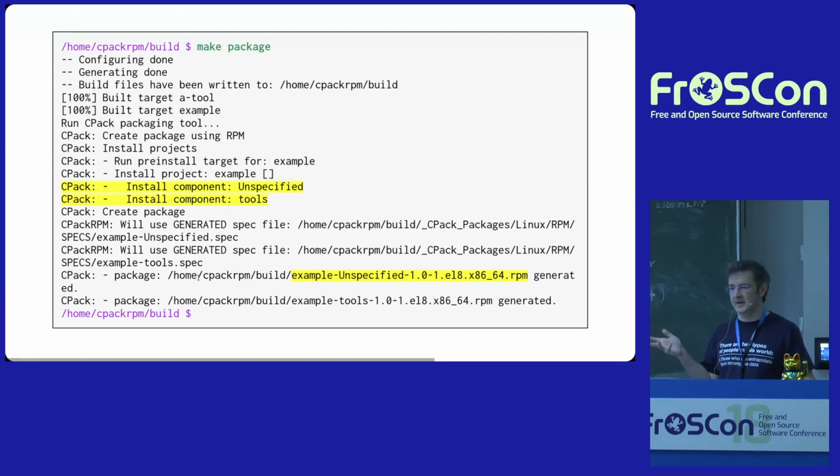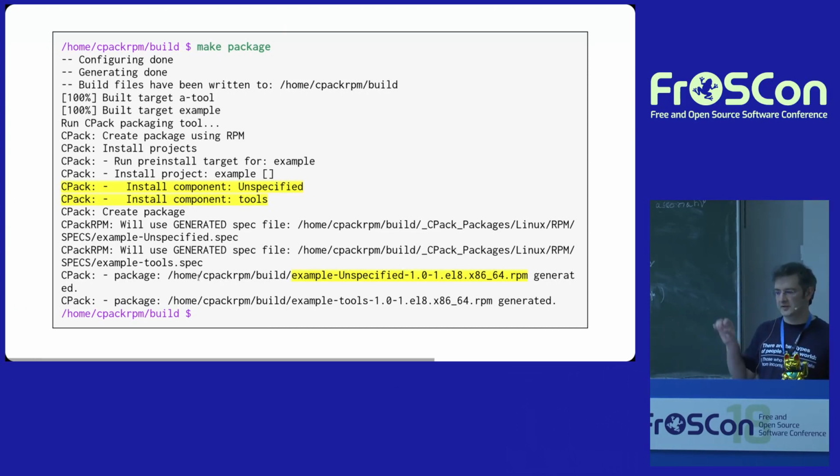That's how make works. But CPack always packages everything, so it'll regenerate all the packages. CPack is not make, it's not looking at timestamps, it just packages. It's like make install. If you modify one file, then you run make install, it'll still install everything. It won't just install one file. CPack works the same way. It performs a local install and packages.